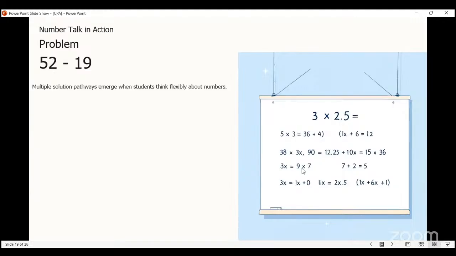There are multiple solution pathways to solve 52 minus 19. Can everybody do that in the chat box now? Can you give me at least two pathways to solving 52 minus 19? Let's have your responses. We have 1 minute.